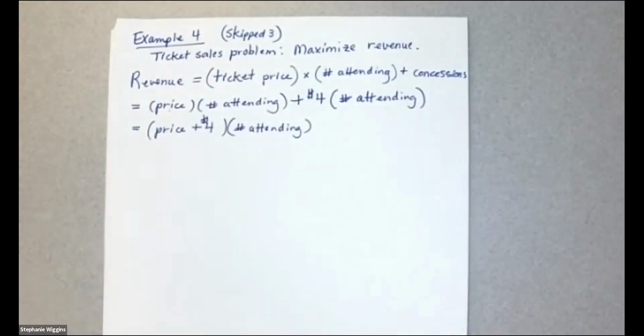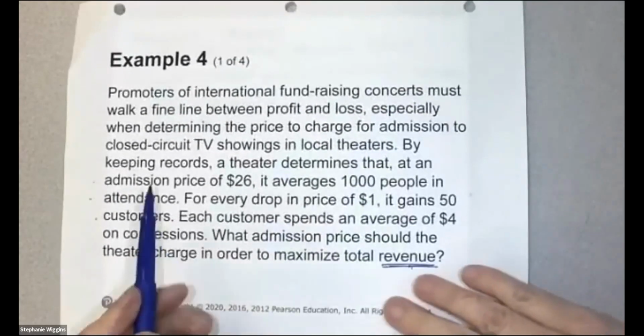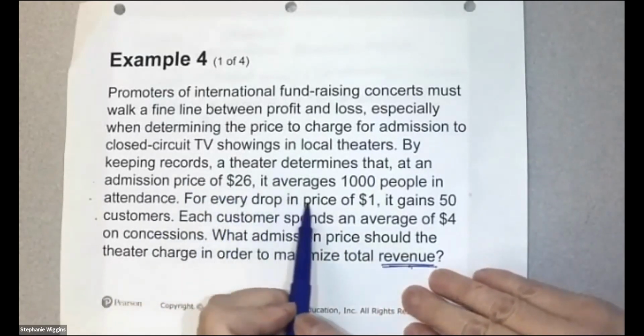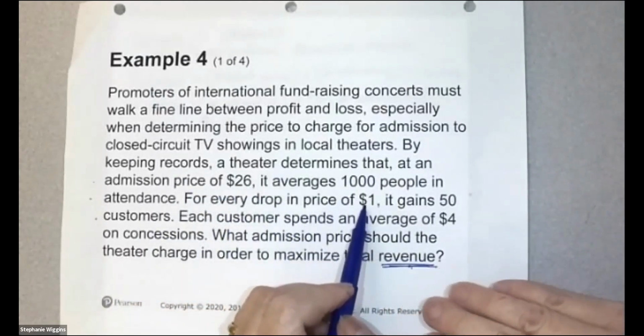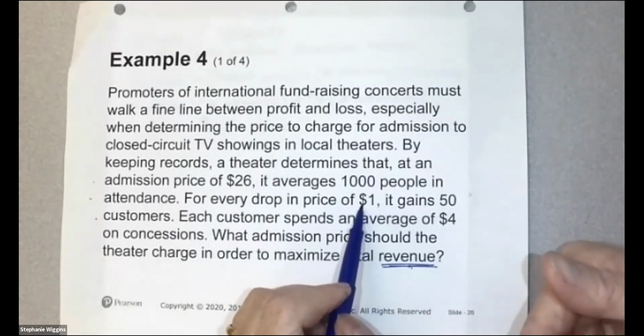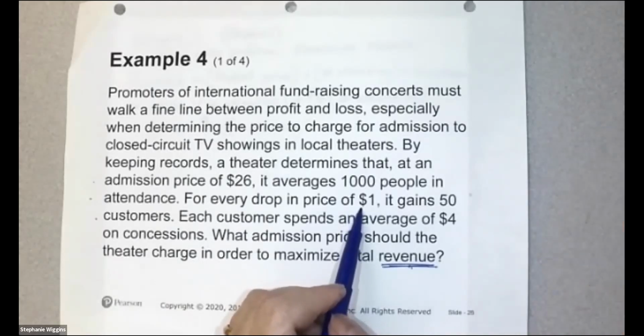Now the question is, what is the price? Well, it's not going to be $26, because that's just a starting point. We are going to be dropping the price by $1, and it could be $1, it could be $2, it could be $3. It's just a variable. So the price depends on how many dollars we're going to take off the price.